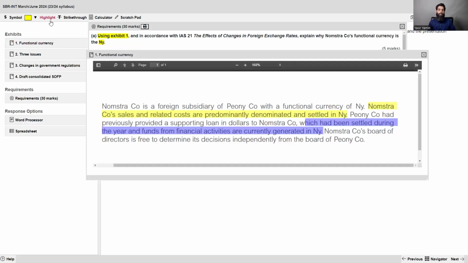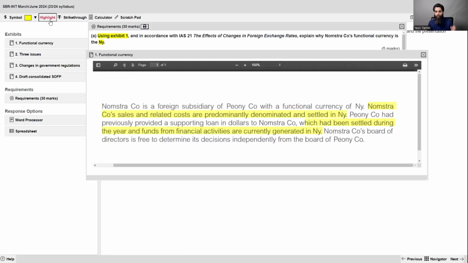First of all, your examiner tried to tell you that you are financially dependent on your parent company. But that same point was negated in the next line. Your examiner said that NI was able to generate enough operating cash that they were able to pay off the supporting loan that they took from their parent company. And right now, all finances, whether it be equity or debt, are being generated in NI.